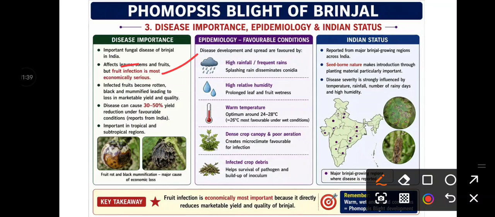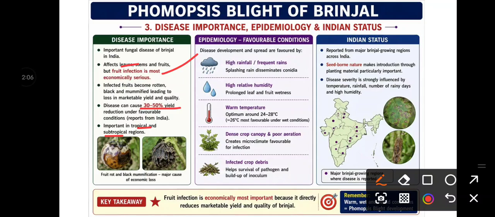That's why it is very important. The infected fruit becomes rotten, black and mummified, leading to loss in marketable yield and quality. The disease can cause 30 to 50% yield reduction under favorable environmental conditions, and it is important in both tropical and subtropical regions.